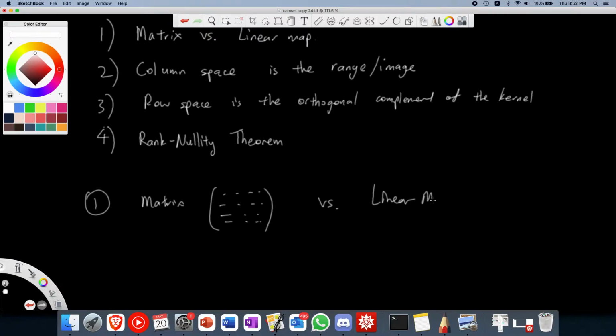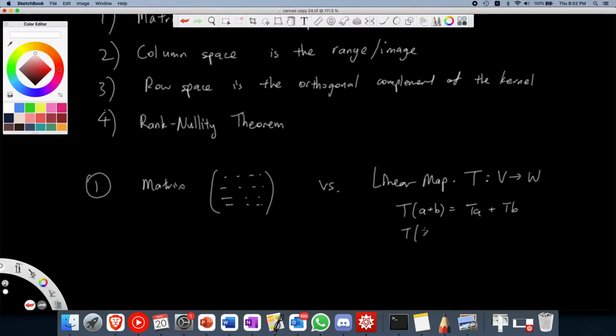A linear map T from a vector space V to another vector space W is defined by its linear properties, namely T(a + b) = T(a) + T(b), and also scaling: T(λa) = λT(a).